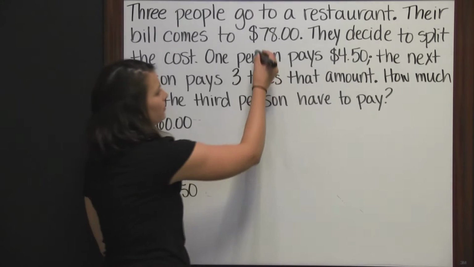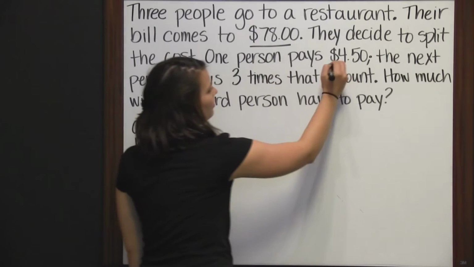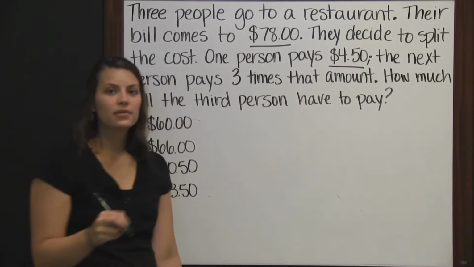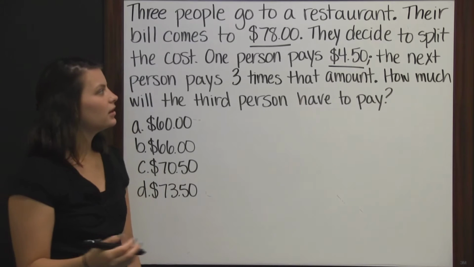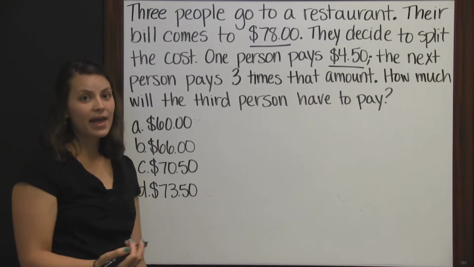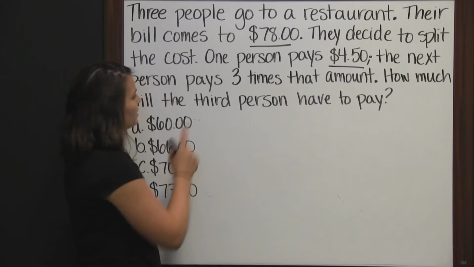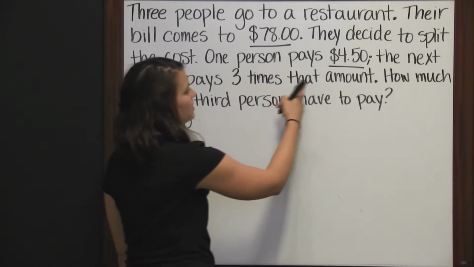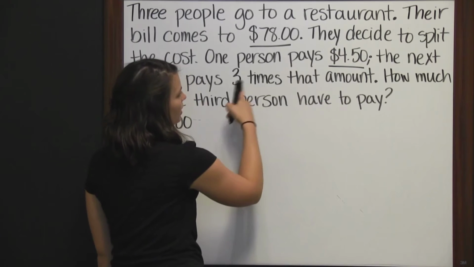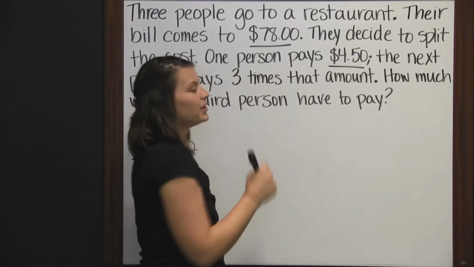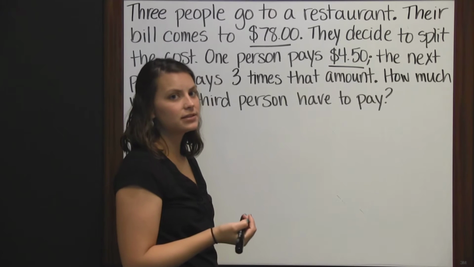So we know the total and how much one person paid. We're also given a way to figure out how much the second person paid. It says the next person pays 3 times that amount, that amount being $4.50.